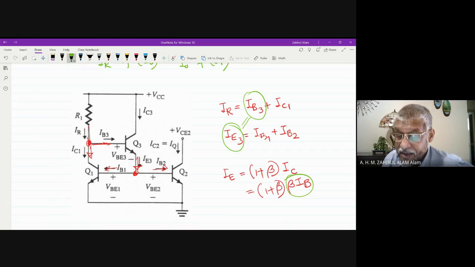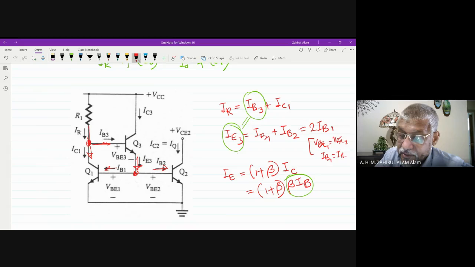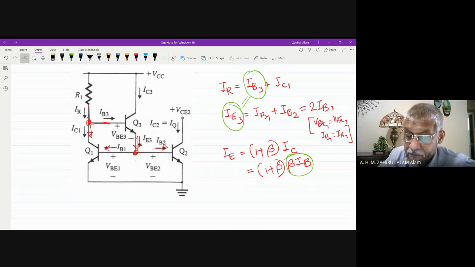Also IE3 is equal to 2 IB1 because, as I mentioned, VBE1 equals VBE2, therefore IB1 equals IB2. So that means IE3 equals 1 plus beta times IB3.